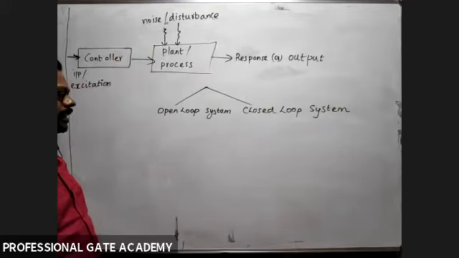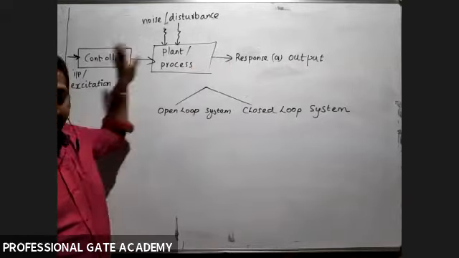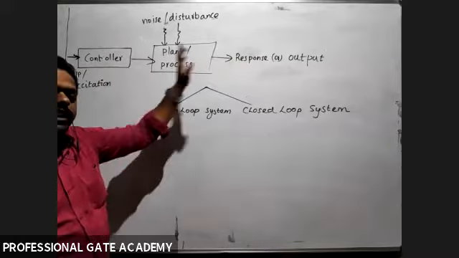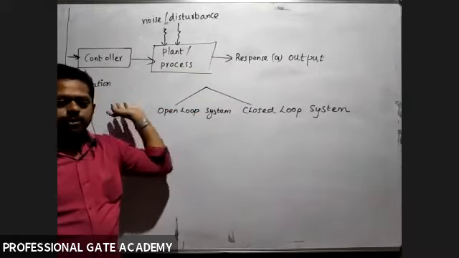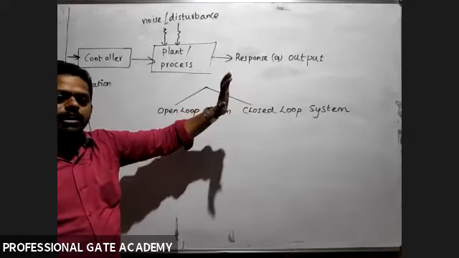So now, what is the definition of an open loop system? Output depends on input. For any system, the output definitely depends on the input. So if the input is 0, the output must be 0. That is an important point of a system.